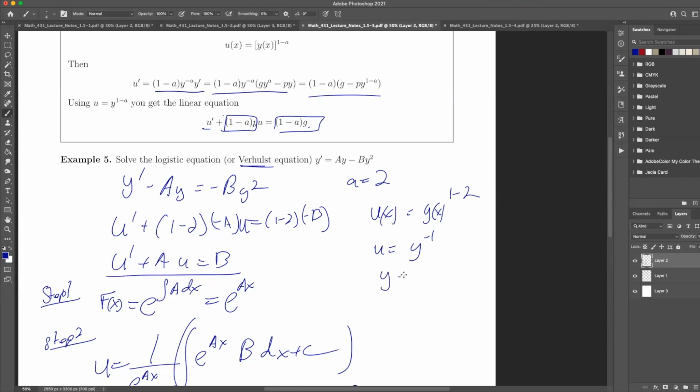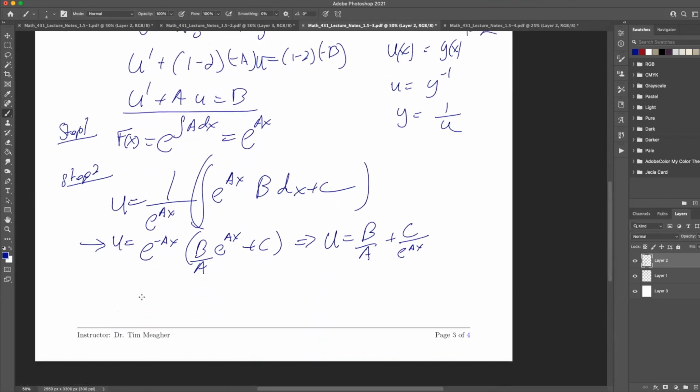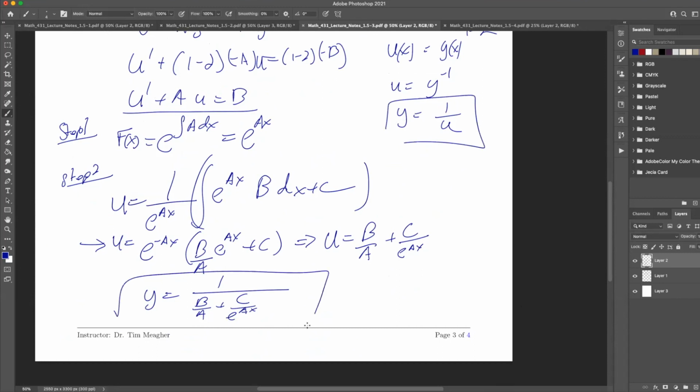That means y is equal to 1 over u. So y is equal to 1 over (b over a plus c over e to the ax), because y is equal to 1 over u. And so I just take 1 over this, and this is our final answer.